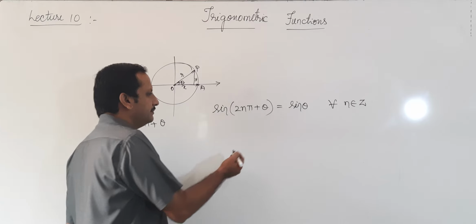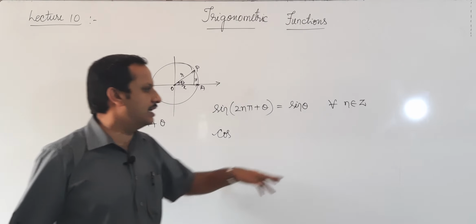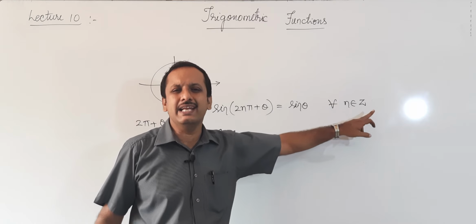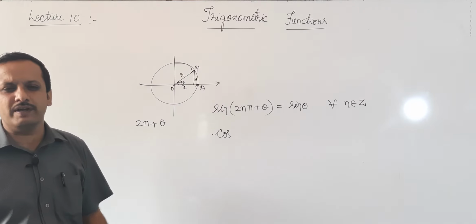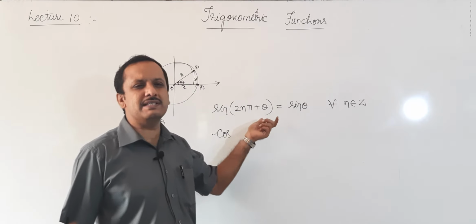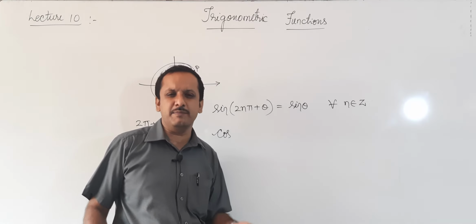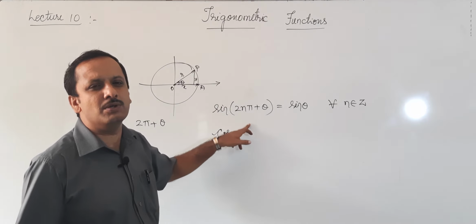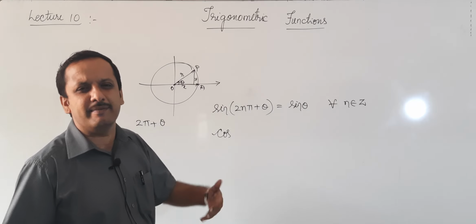Similarly, you can take negative integers also, n belongs to Z. That means n is an integer. Integer means 0, 1, 2, 3, 4, 5, minus 1, minus 2, minus 3, etc. If I take minus 1, sine of minus 2 pi plus theta is the same as sine theta. That means from that theta you are subtracting 2 pi. Or if I put n equal to minus 2, sine of minus 4 pi plus theta, which is the same as theta minus 4 pi.